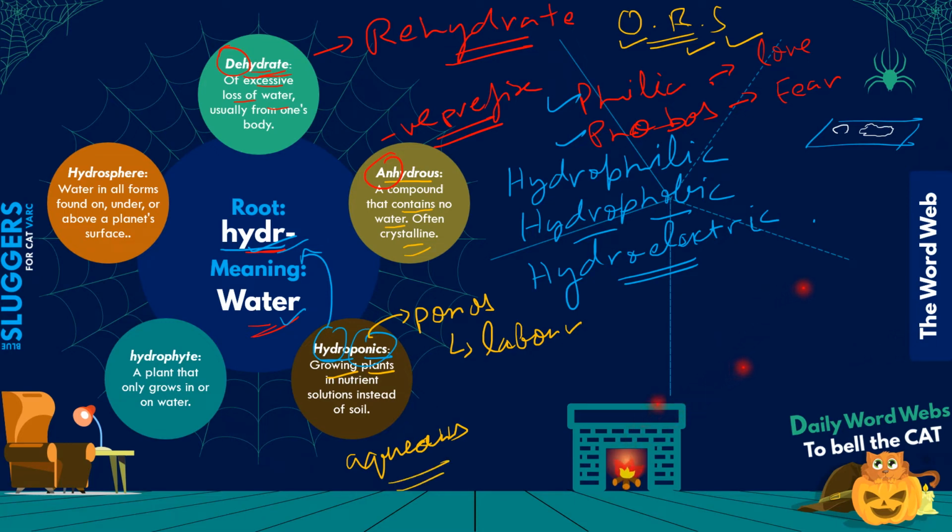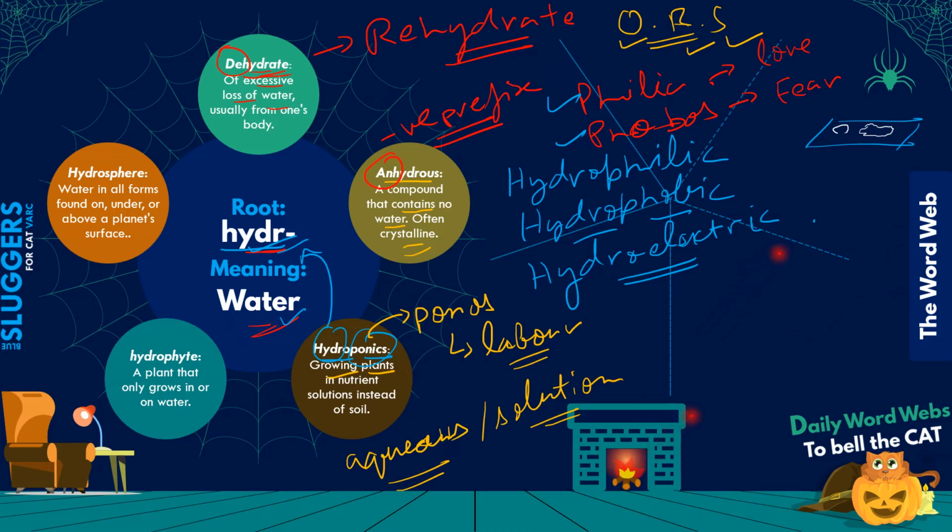So the practice of growing plants in an aqueous medium, in kind of a water solution that contains some nutrients that are required for the growth of the plant, rather than just soil, etc. That practice is considered as hydroponics, right? Because that requires a lot of labor, I guess. So hence hydroponics.